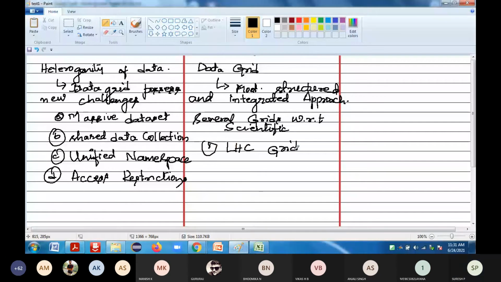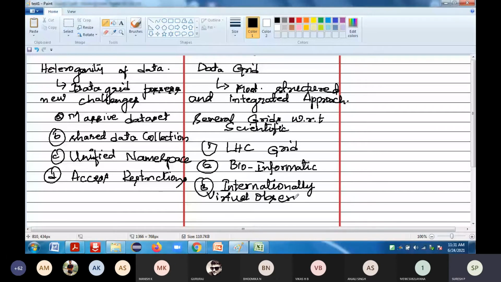Second is bioinformatics research. Third, which you are going to make use of, is the International Virtual Observatory Alliance. These are the several grids from which you can retrieve data.